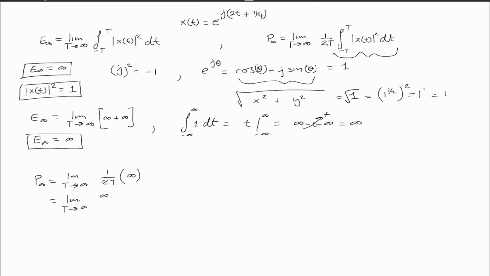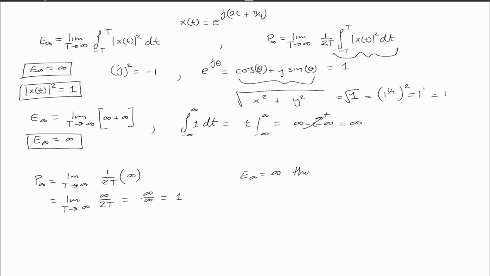And as t approaches infinity, this expression goes to infinity over infinity, because 2 times infinity is still infinity. Infinity over infinity, that's 1. And we can see that 1 is greater than 0. So in this case, the energy for the signal is equal to infinity.